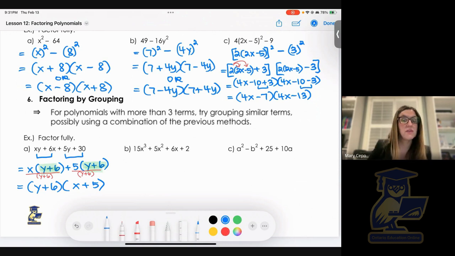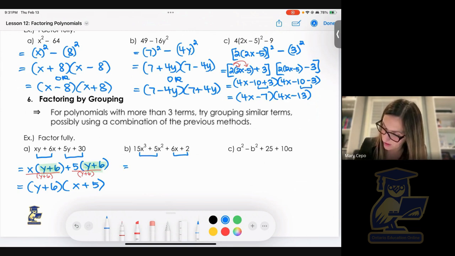Okay, looking at B, we have 5x cubed plus 5x squared plus 6x plus 2. So let's see, even if we just go from left to right, we're going to group our first two and group our second two. Looking at 5x cubed plus 5x squared, we are going to find a common factor of 5x squared.